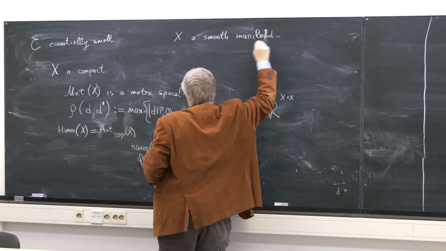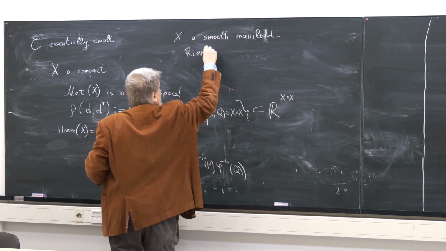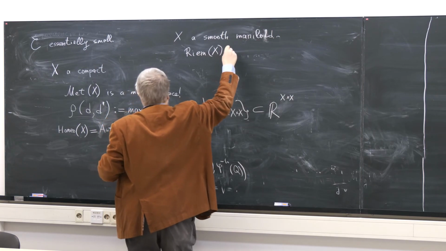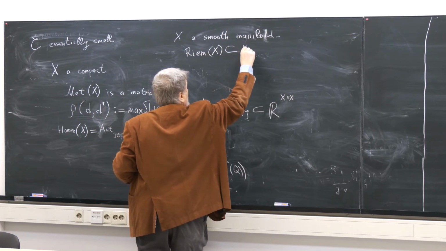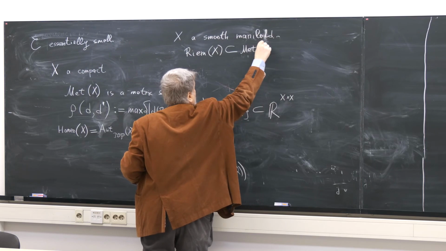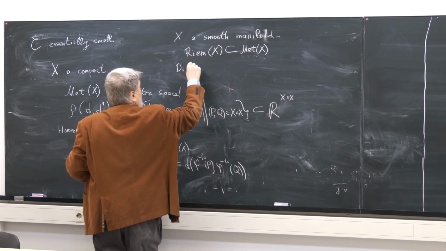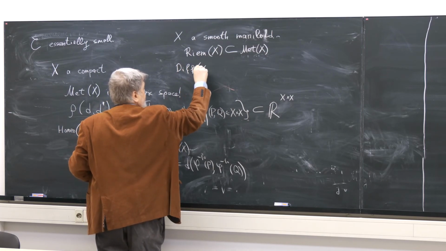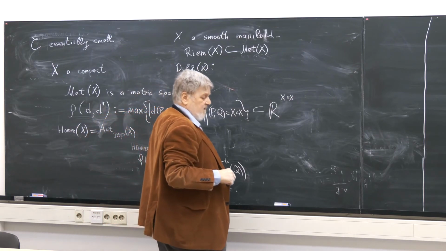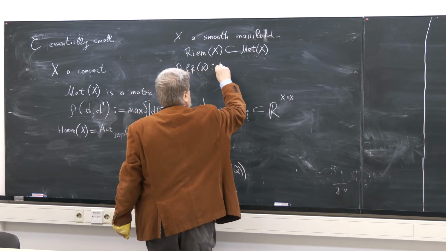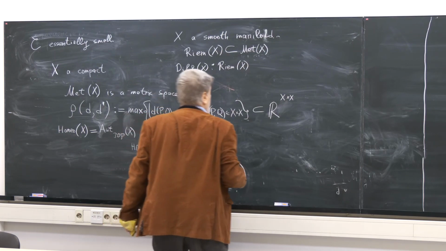Then the above construction can be restricted to the subset of Riemannian metrics of X. It's a nice exercise to see that they are dense among all the metrics of X. And then there is a group of diffeomorphisms of X. That obviously is a subgroup of homeomorphisms, and it acts on the set of Riemannian metrics like this.